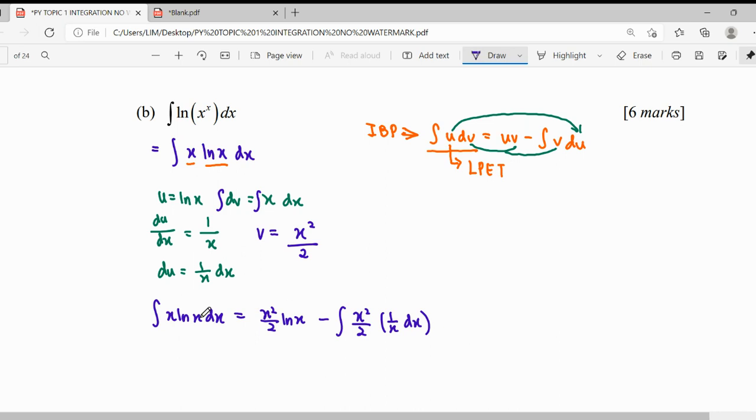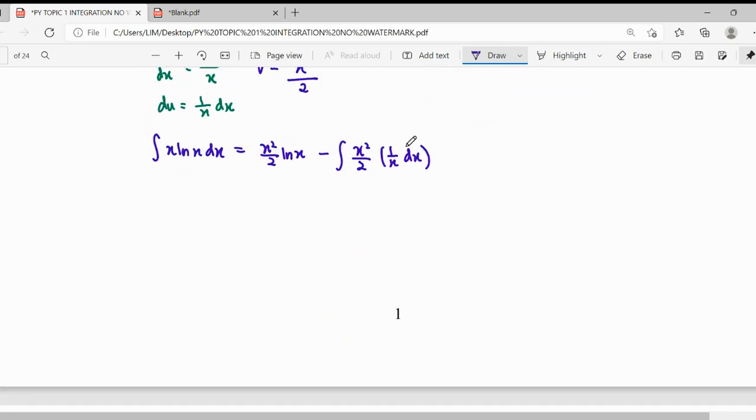So this is our formula, integration by parts. What is our u, what is our v, and what is our du. Now we are going to integrate this part. That's why this technique is called integration by parts. Originally we integrated the whole thing. After using the formula, you'll notice that part of the answer is already found. We only integrate this part.